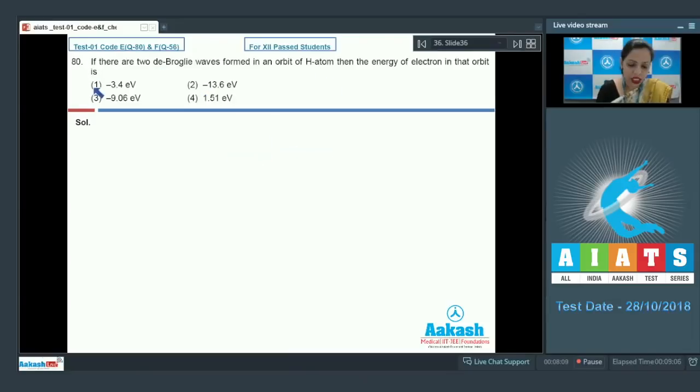After this, question number 80. If there are two de Broglie waves formed in an orbit of hydrogen atom, then the energy of electron in that orbit is. So here first we have to find out which orbit that is. So if we talk about the nth orbit, we don't know the orbit for which we are talking about.